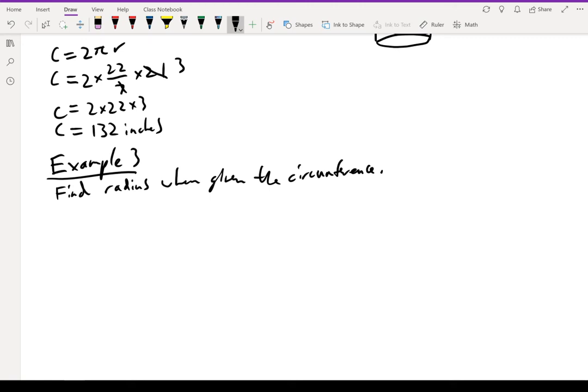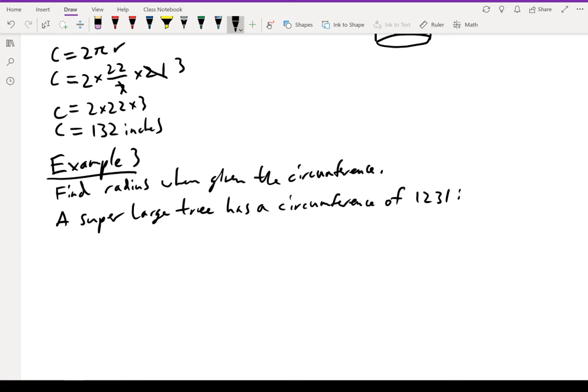So the scenario is a super large tree has a circumference of 1,231 inches around the tree trunk.